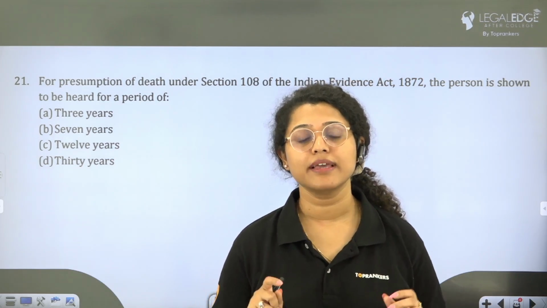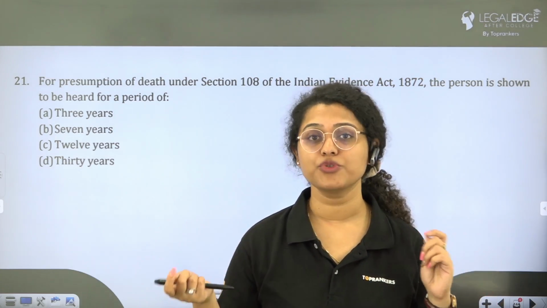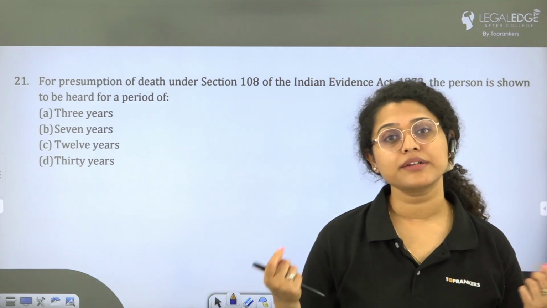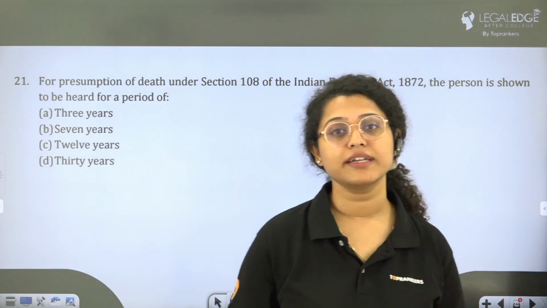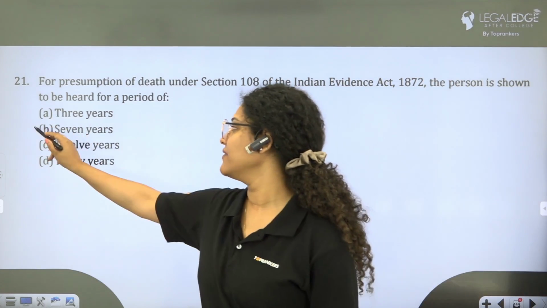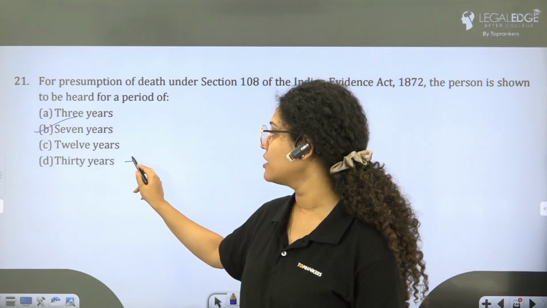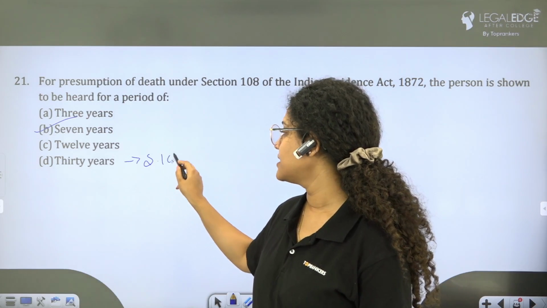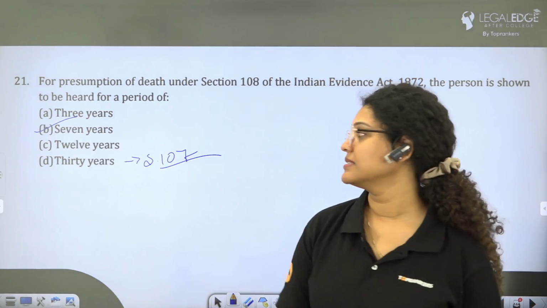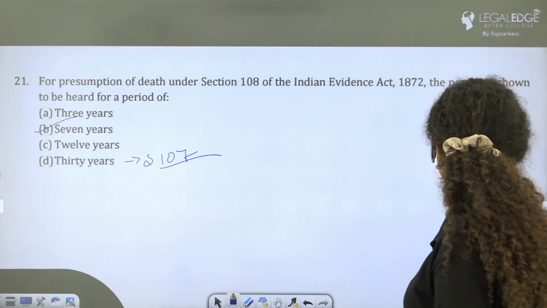Both are associated with presumption of life and presumption of death. Both have terms provided, so do not get confused. Under section 108, your term is 7 years, and under section number 107, your term is 30 years. So your answer here is option B, which is 7 years.